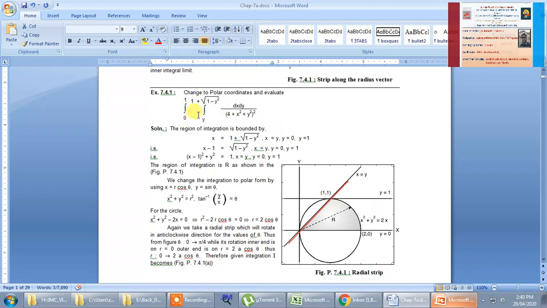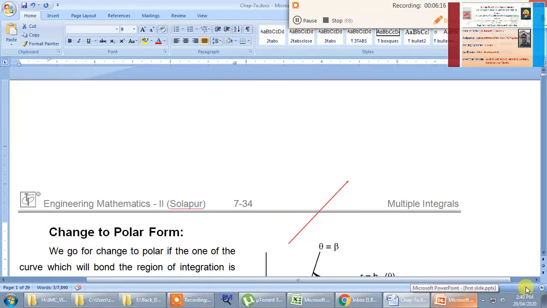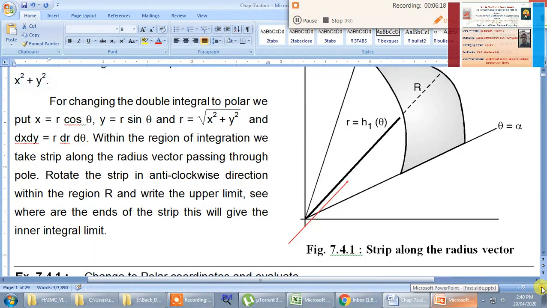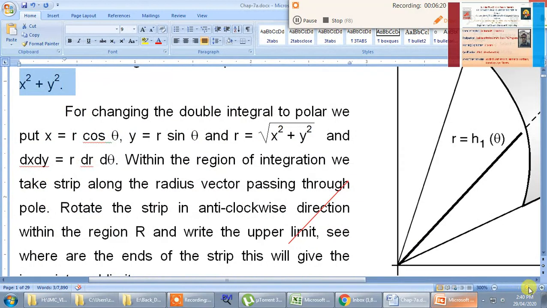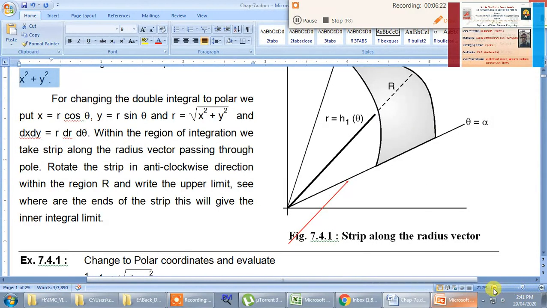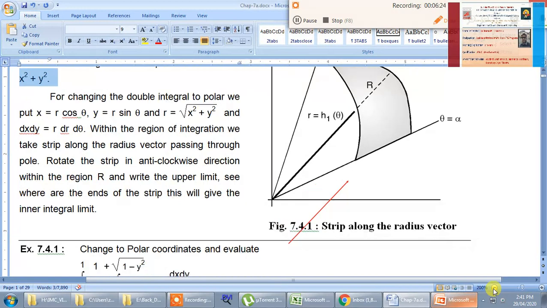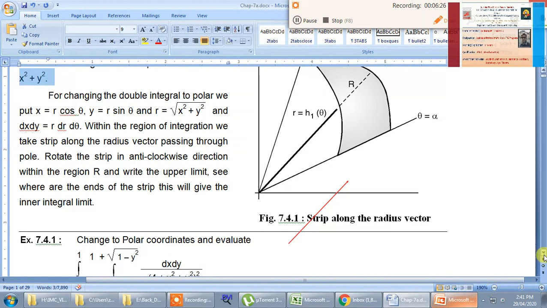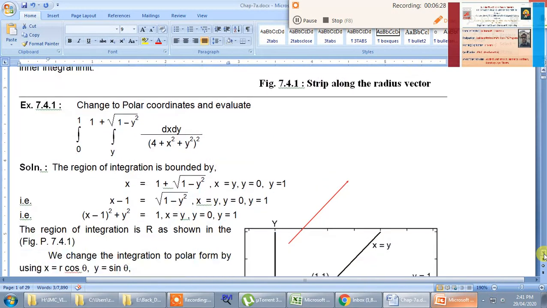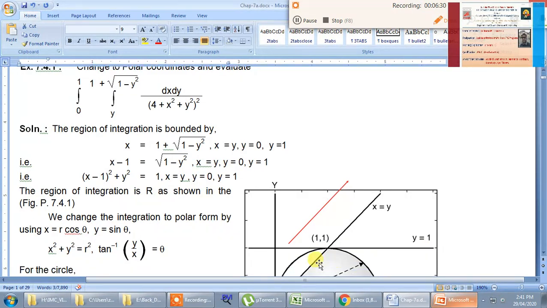Now the region of integration here is bounded by 4 curves.